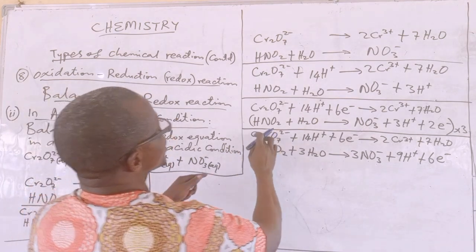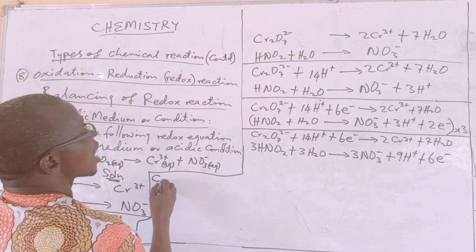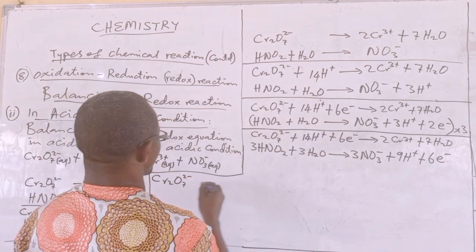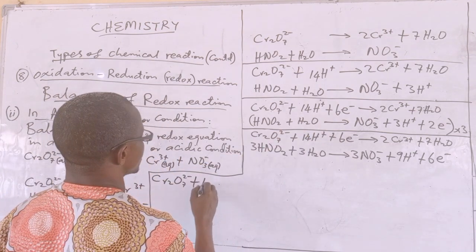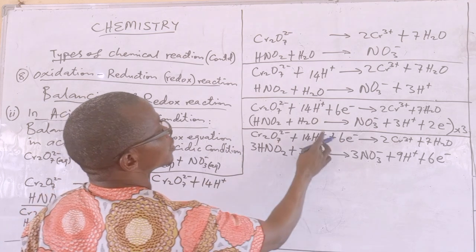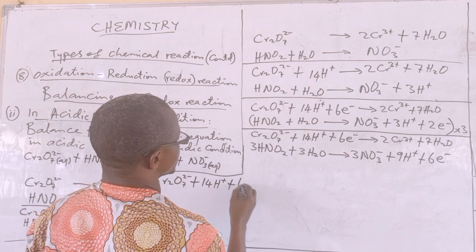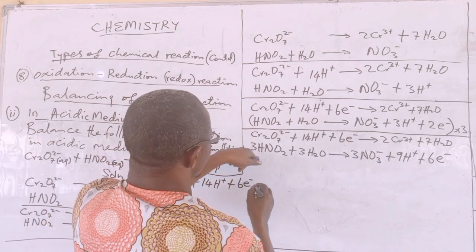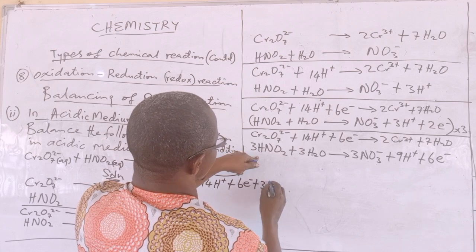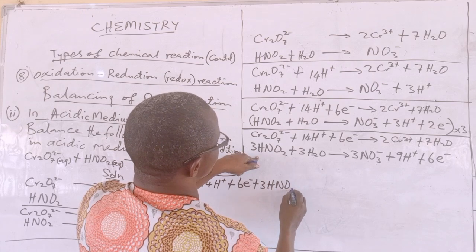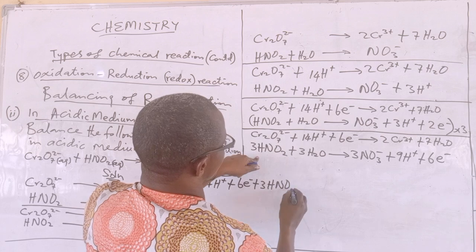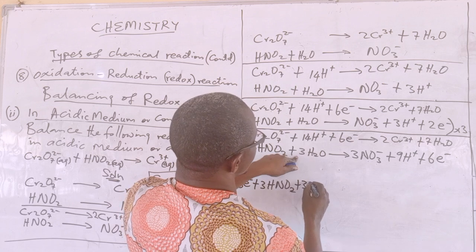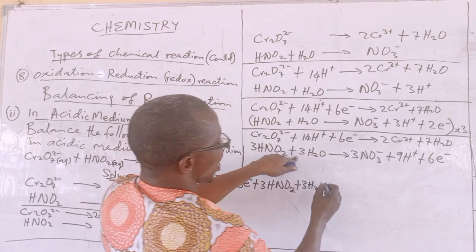Okay, so I will bring here Cr2O7 2 minus plus 14H plus, that's plus 6e minus. Before I cross to the other side, let me add all the reactants. 3HNO2 plus 3H2O arrow.